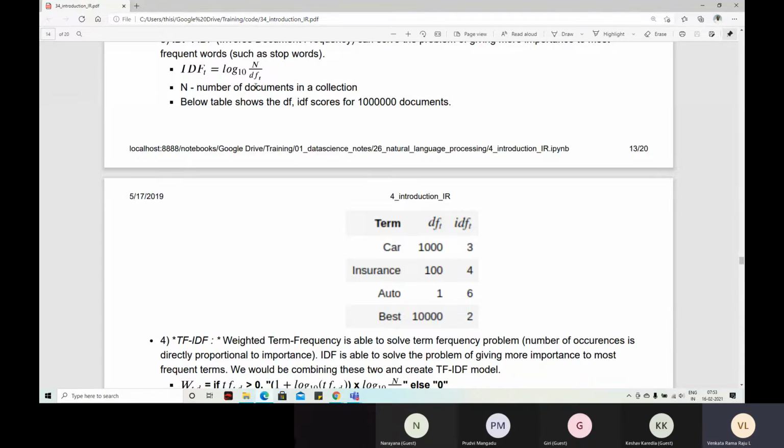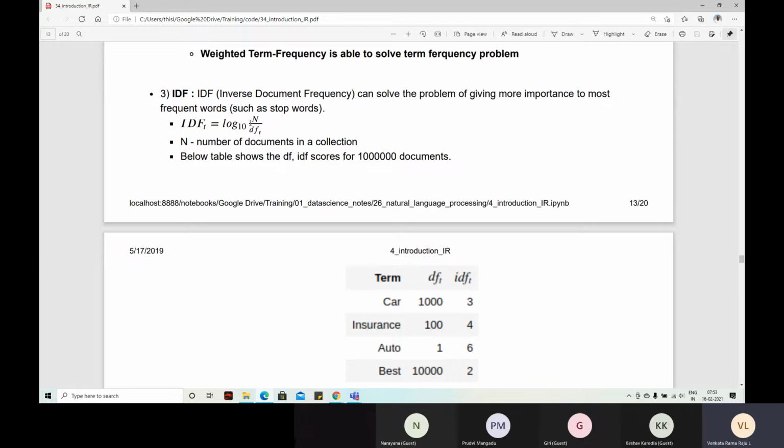In a document, a word may occur 100 times, we don't care. We take one as the count, right? 1000 documents are there. In all documents, a word is present. We say 1000 is the DF, document frequency. Inverse document frequency is log of N by DF. So N by N is going to be 1 and log 1 is going to be 0. So for the stop words, we'll get 0 IDF.